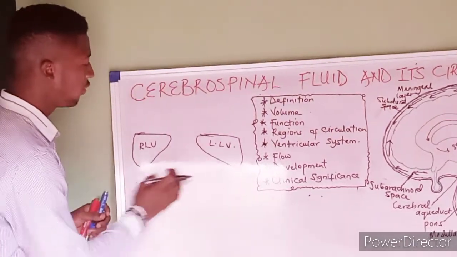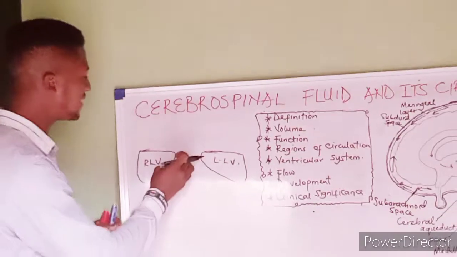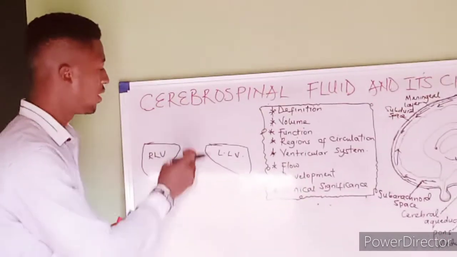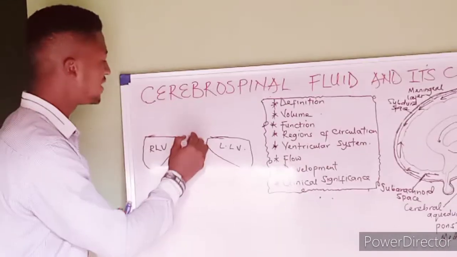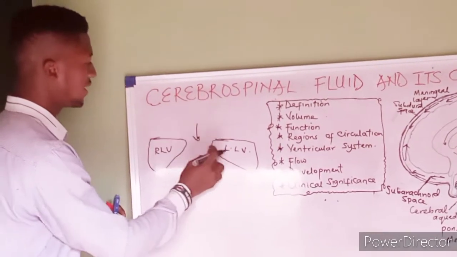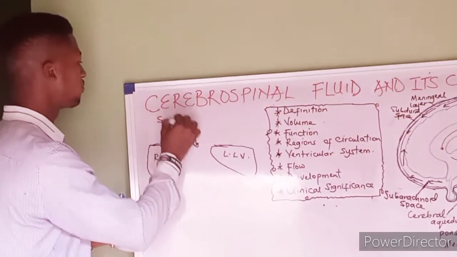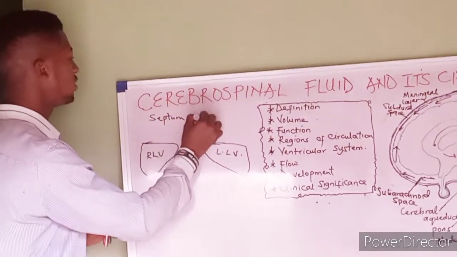These two ventricles are separated by a septum called the septum pellucidum.